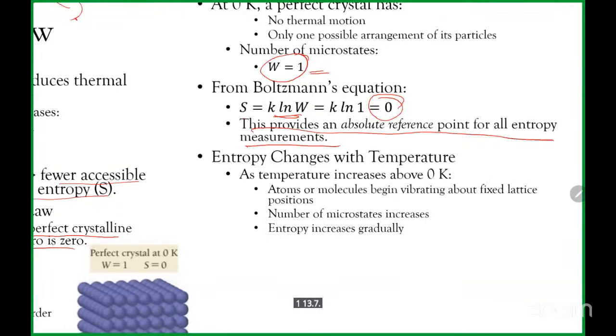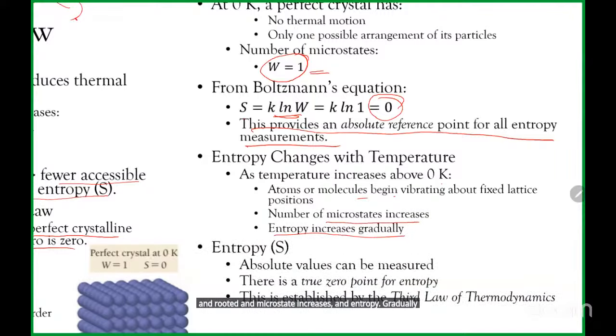So entropy changes with temperature. As temperature increases, atoms begin to translate, molecules begin to vibrate and rotate, microstates increase and entropy gradually increases. Long and short, entropy has a true 0 point.